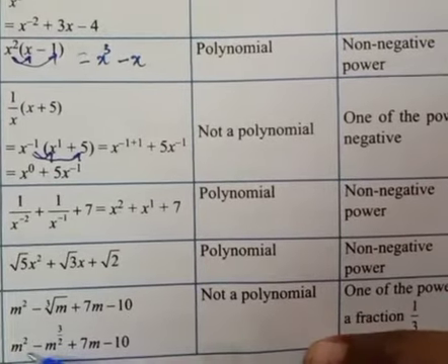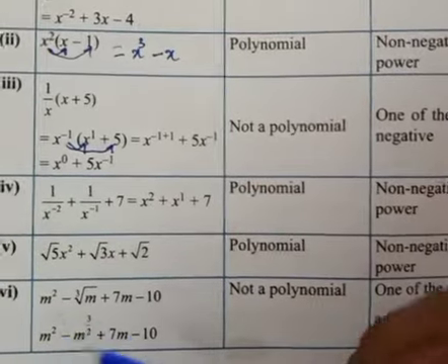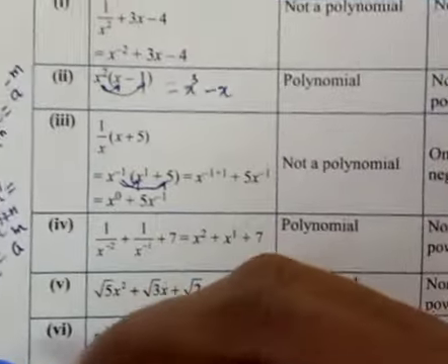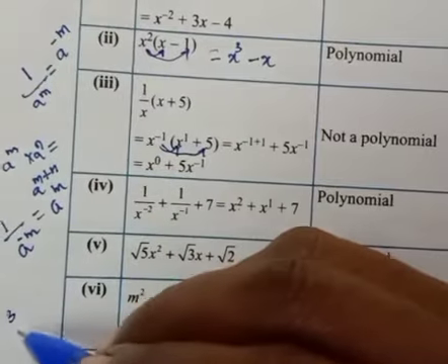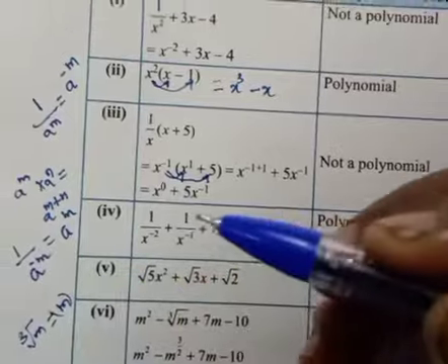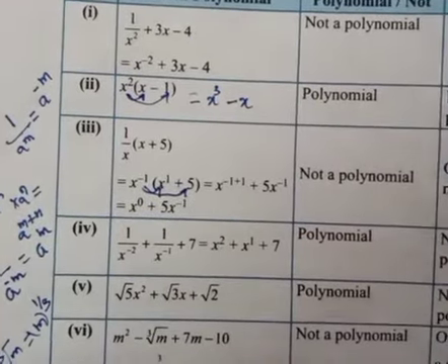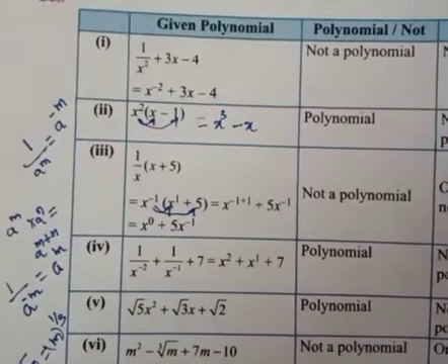So this is written as m square. This is m power 3 by 2. So that is cube root of m. This is written as m whole power 1 by 3. Okay, m whole power 1 by 3.